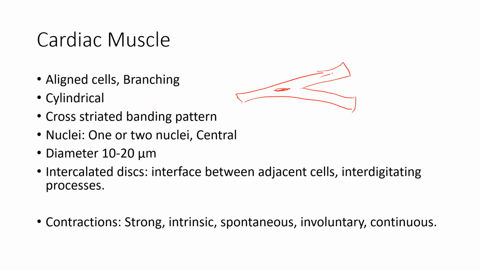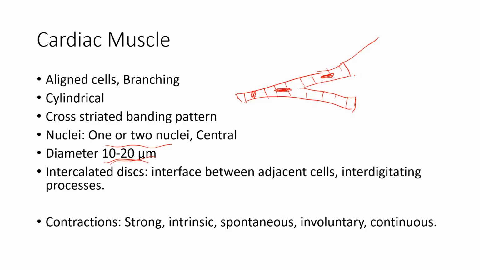It's also cylindrical, and the striation pattern is mostly similar to the skeletal muscles. You find the striations like this. There are 1 or 2 nuclei, situated more centrally, and the diameter is around 10 to 20 micrometers, not a high range.